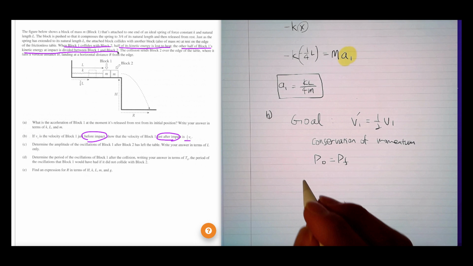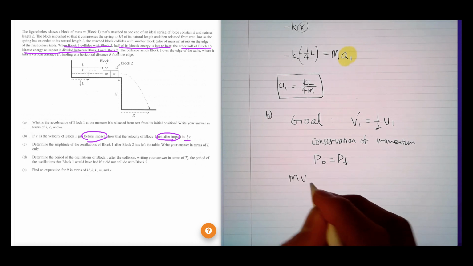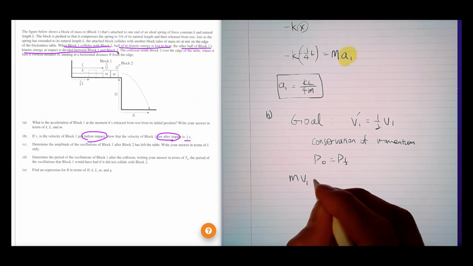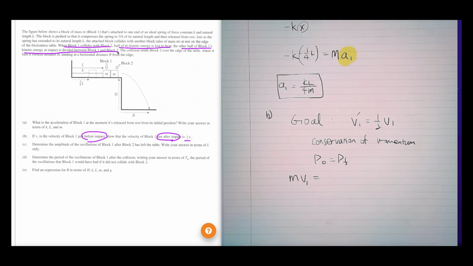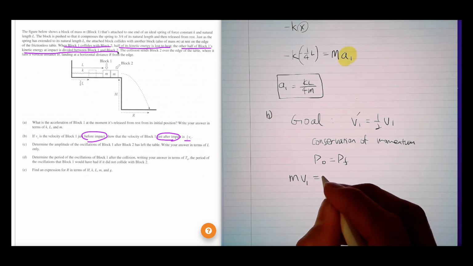Just before it collides, block 1 was moving by itself, m v1, and after it collides, the momentum will be transferred, some of it to block 2 and some of it to block 1 to come back.